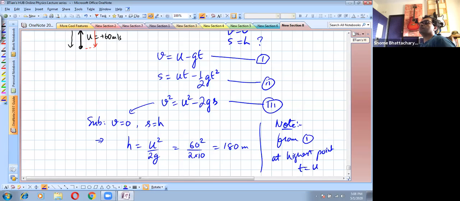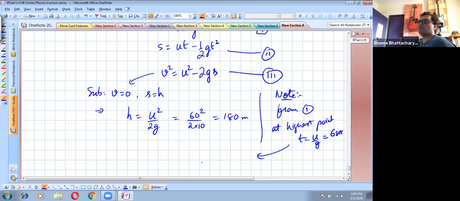It will be u/g, or 6 seconds in this case, because again, put v as 0 in the first equation. That will tell you the time when it reaches the maximum height. So from this we are also understanding that from 0 to 6 seconds, it's ascending, and then from 6 to whatever further time. Here of course I am concerned about 8 seconds. So at 8 seconds it's coming down.